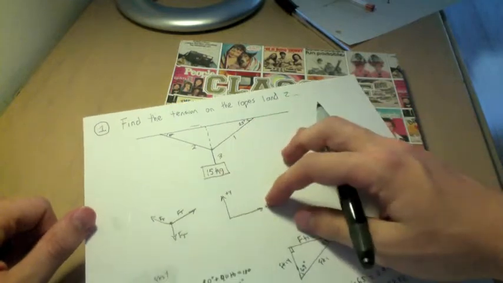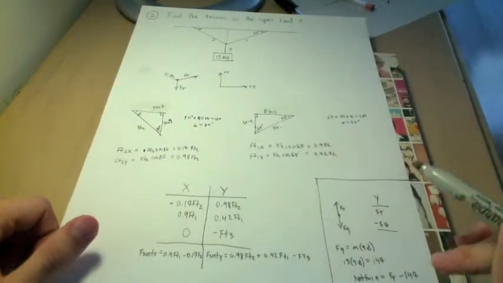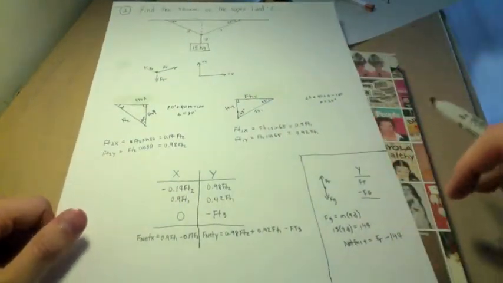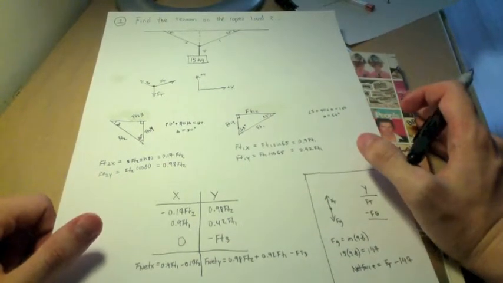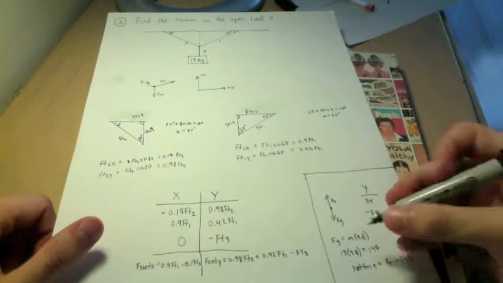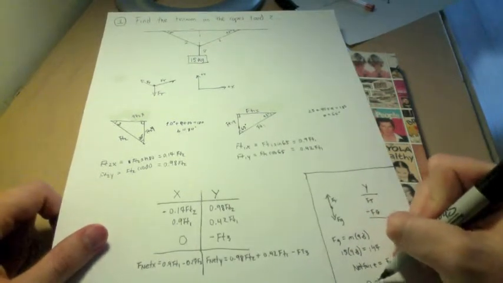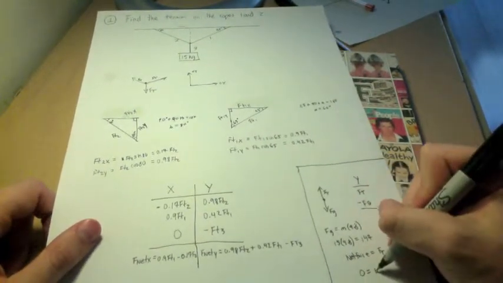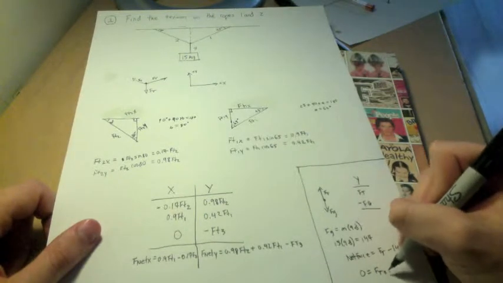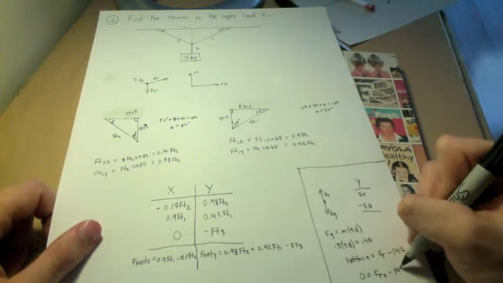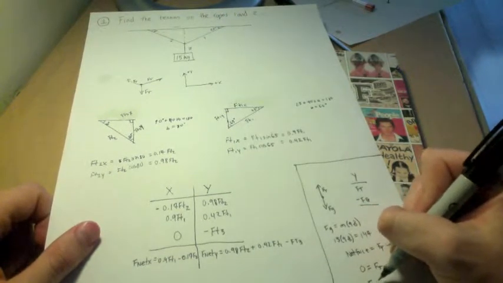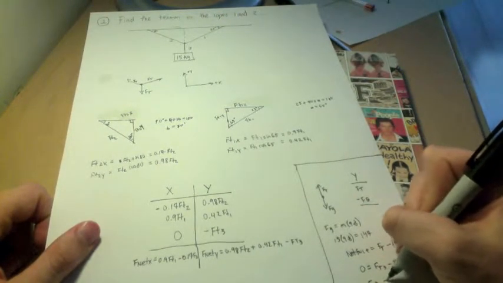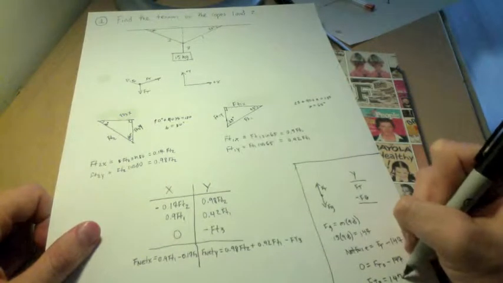Since there is no acceleration on the 15 kilogram box, it's not moving, so we can apply Newton's laws, which say that if acceleration is equal to 0, then the net force is equal to 0, so we can say that net force here is equal to 0. And we can see that FT3 is equal to 147.